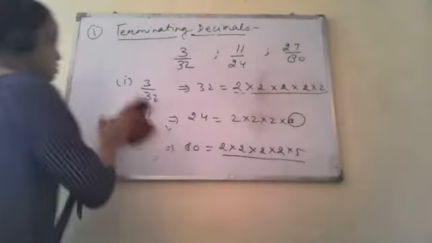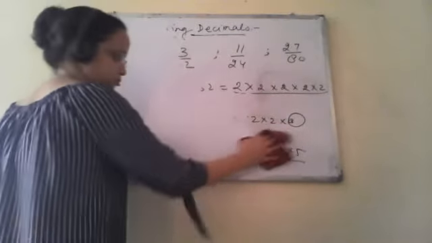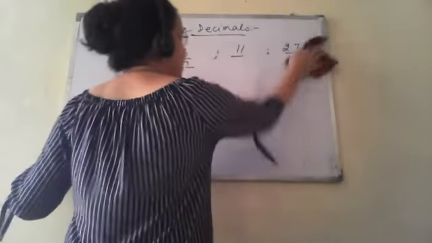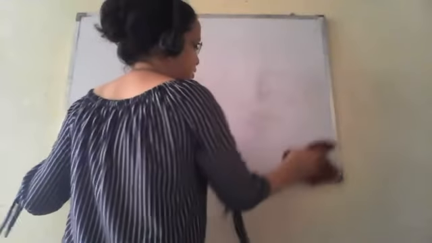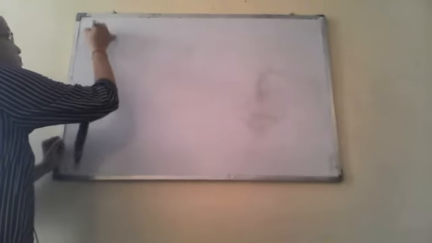Now the second part is non-terminating decimals, or non-terminating repeating decimals. I will explain how.